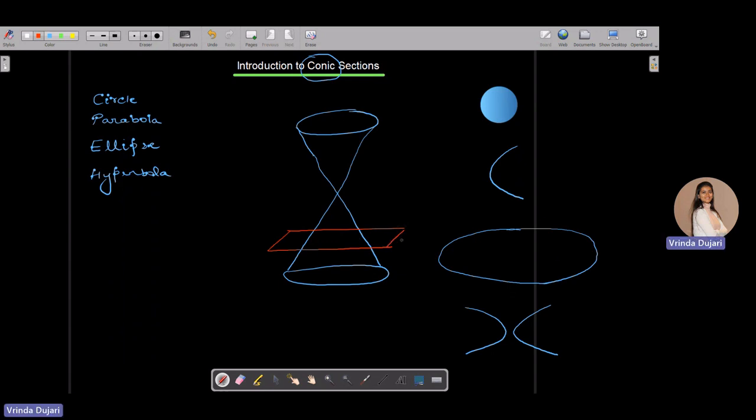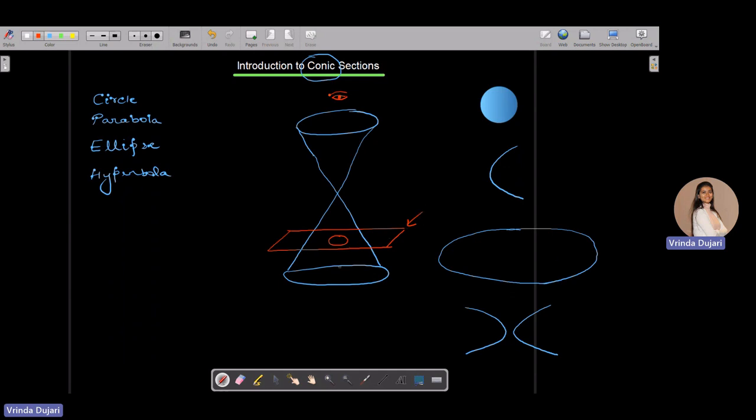Let's say you slice this cone by a plane like this, and you are seeing from the top of the cone. What is the figure that you will see? You will actually see a circle. You're cutting this cone exactly parallel to the base. This plane is not tilted.